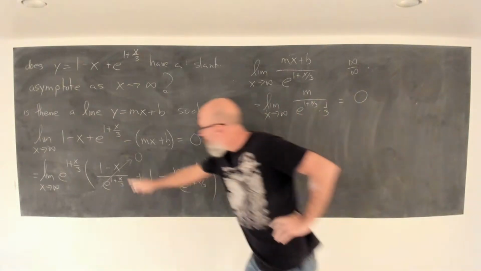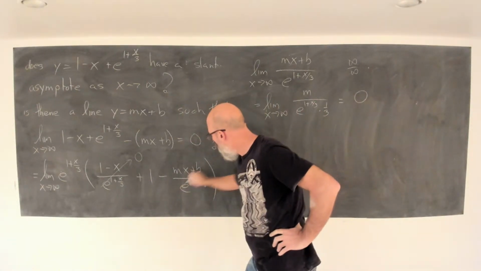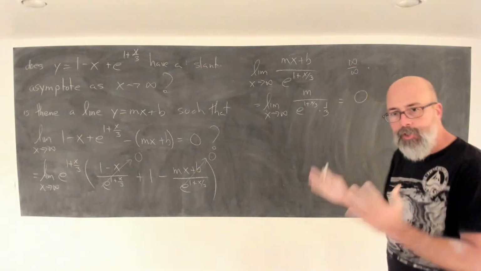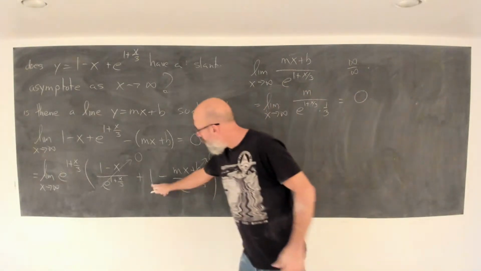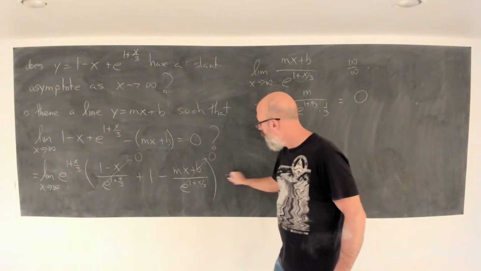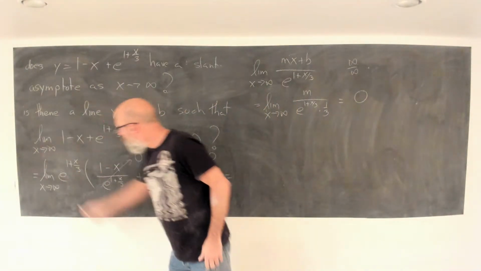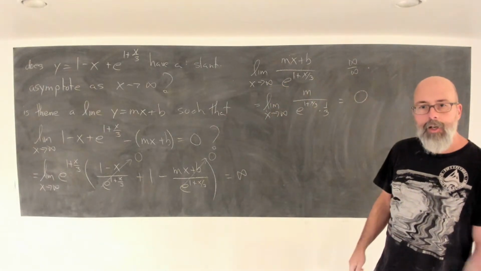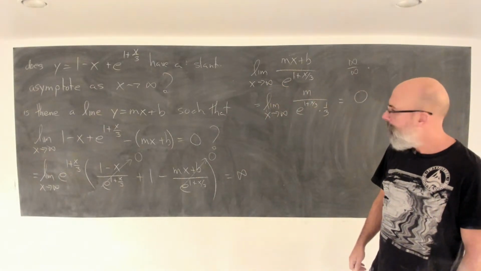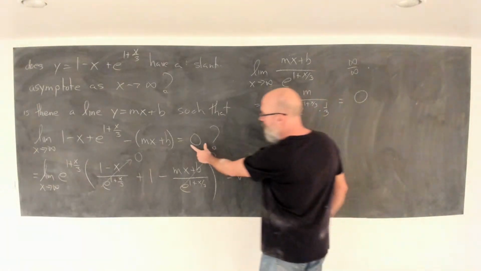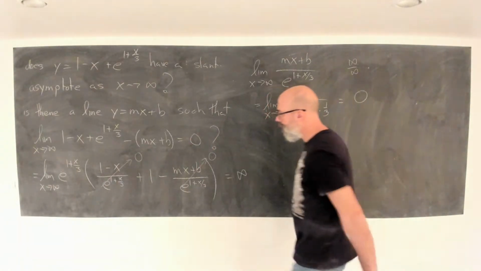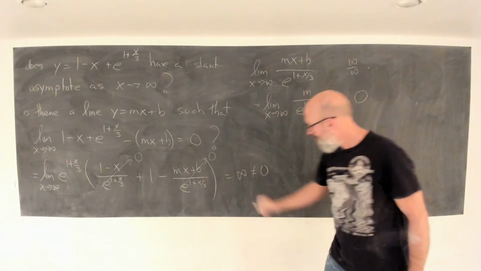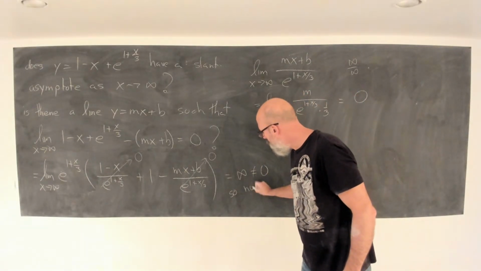So in the same way that this went to 0, I claim this goes to 0 as well. So the stuff in the brackets goes to 1, and this goes to infinity. So the answer will always be infinity. It's never going to be 0. So no slant asymptote.